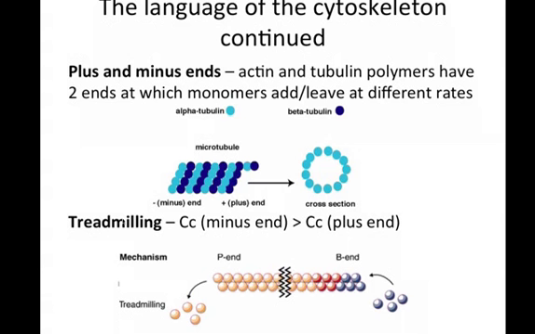So that means at the minus end, you're getting more addition, and at the plus end, you're getting more leaving. And so you can imagine how you're having more addition. You're going this way, and this is your plus end, and this is your minus end. You're having more addition at the minus end, but more leaving at the plus. You're going to kind of move that way. Does that make sense? That sounded bad.